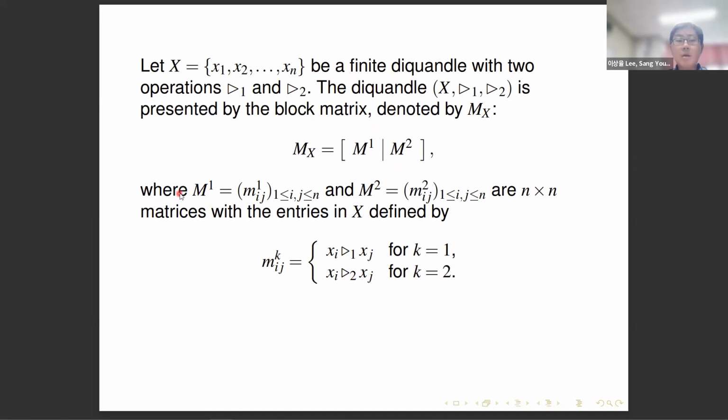So the M1 and M2 matrices are defined like this. M1 matrix is just the operation table of δ1, and M2 matrix is actually the operation table of δ2.